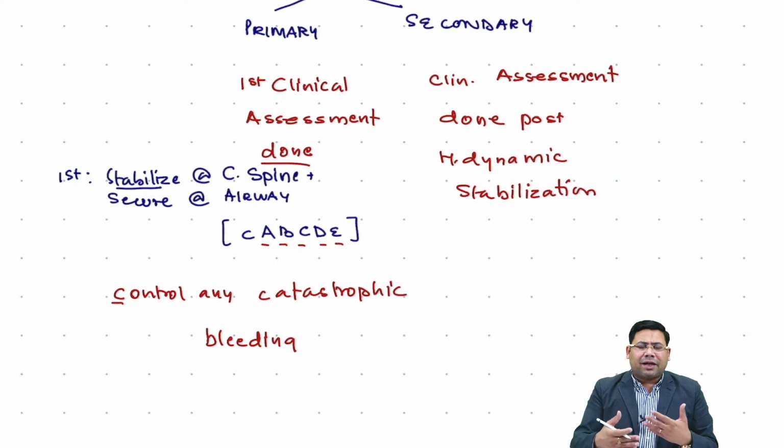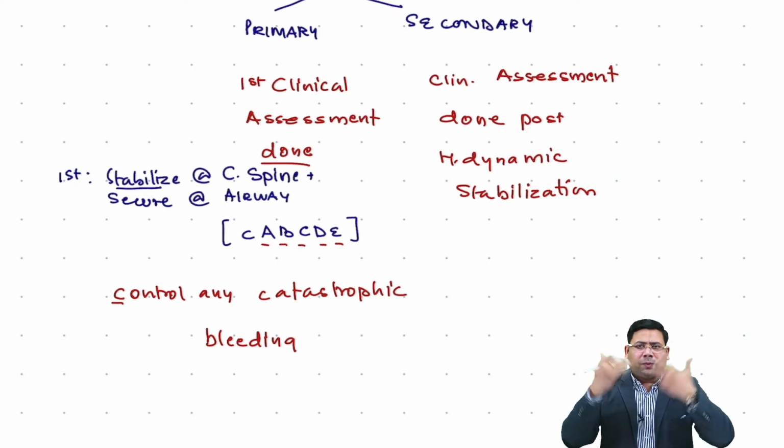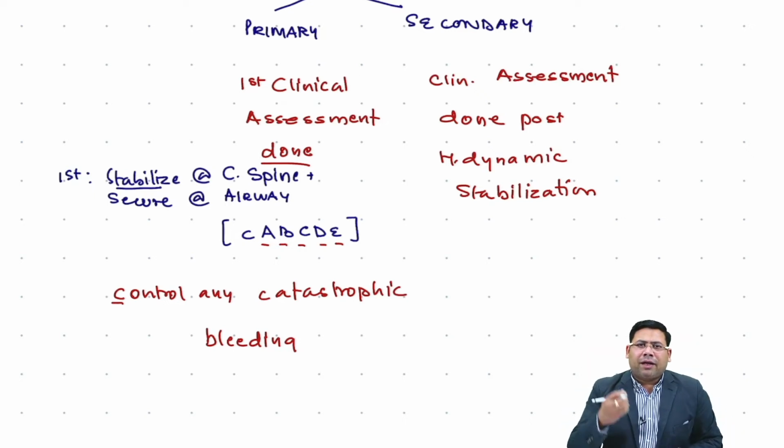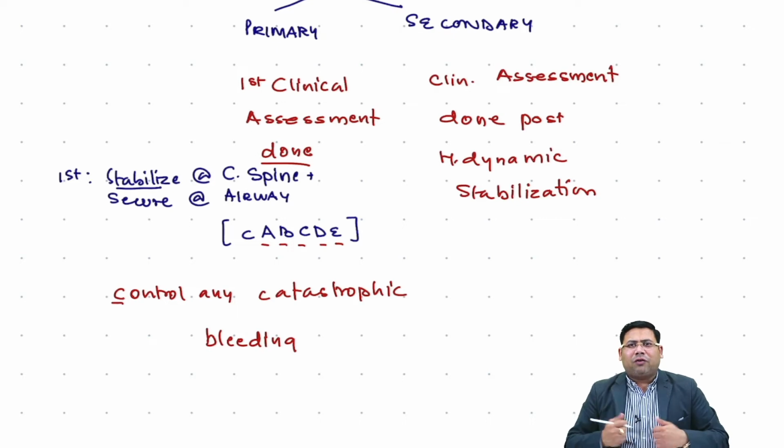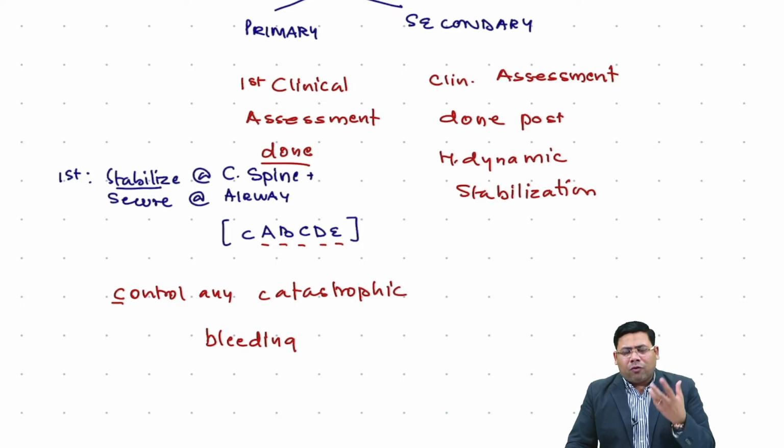Also, suppose it's a case of immolation, where someone has sprinkled gasoline and set himself or herself on fire; you need to clear that toxic, lethal environment too. So you remove the contaminated clothes. So clean environment, and E also stands for exposure of the patient.